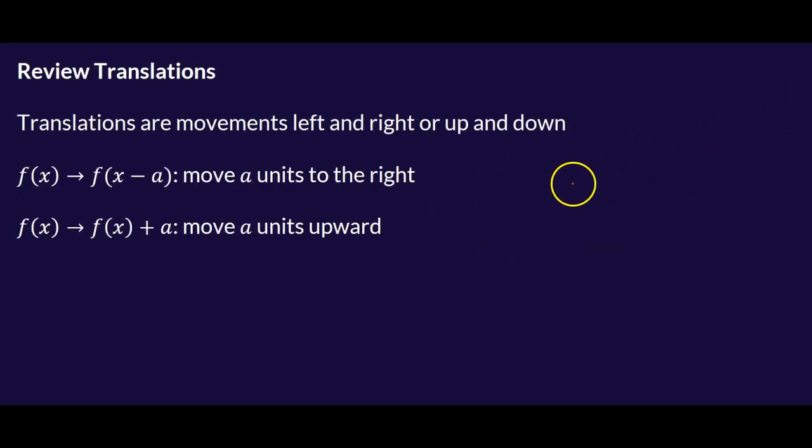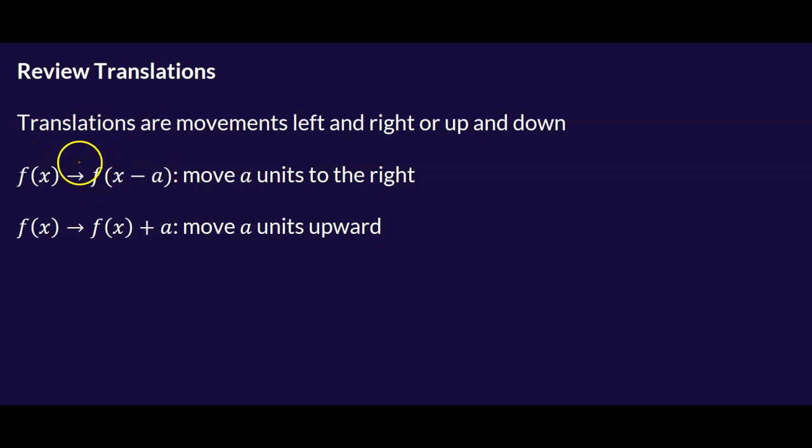So let's review translations. Translations simply mean that you're moving left and right, or up and down. There are two types of translations: the horizontal translation and the vertical translation.